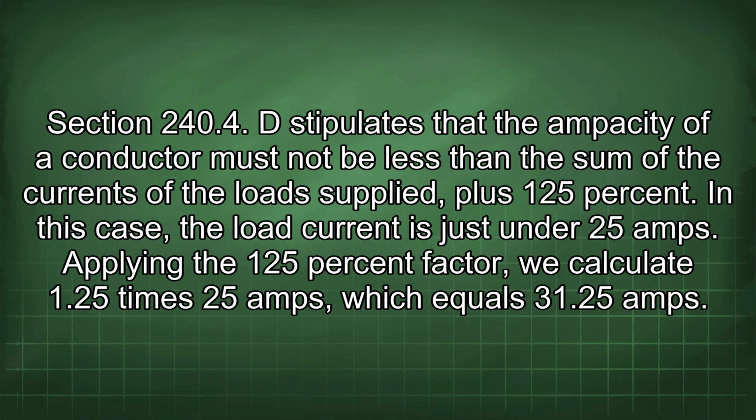Section 240.4(D) stipulates that the ampacity of a conductor must not be less than the sum of the currents of the loads supplied, plus 125%. In this case, the load current is just under 25 amps. Applying the 125% factor, we calculate 1.25 times 25 amps, which equals 31.25 amps.